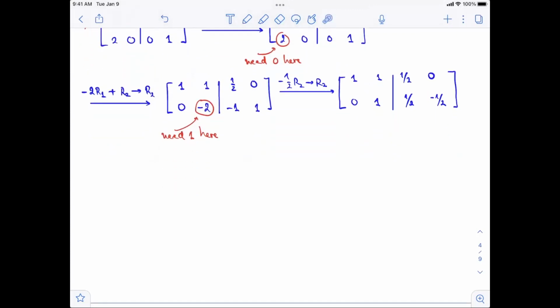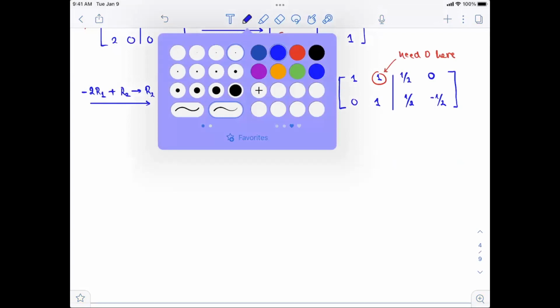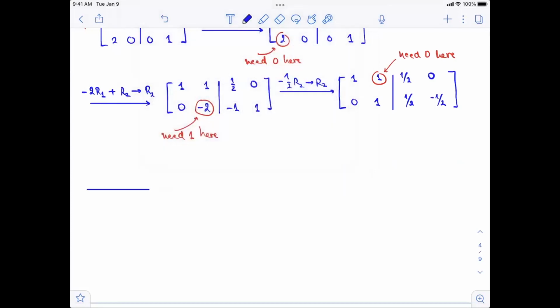Okay, so you have a leading one in the second row. Now that means the entry above it has to be 0, so we need 0 here. And to turn that into a 0, you require the following operation: you borrow row 2, taking -1 times row 2 plus row 1 to create a new row 1. You didn't change anything in row 2, just borrowed it.